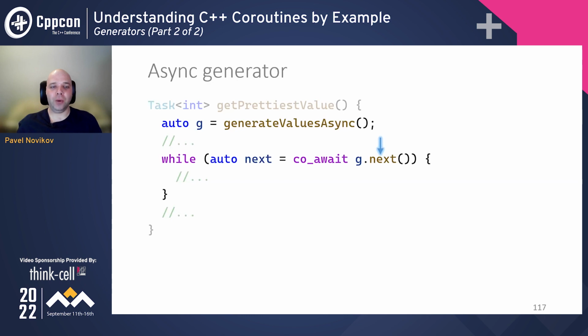And if our generator is suspended at the point of co-yield, this coroutine will be suspended.